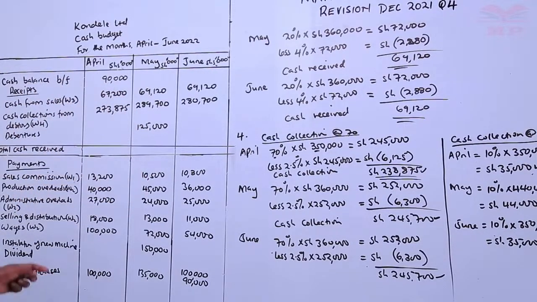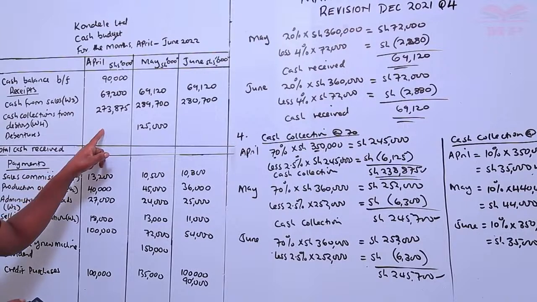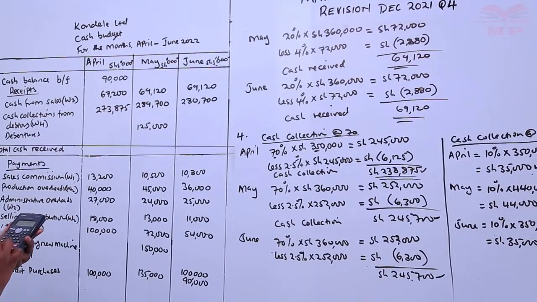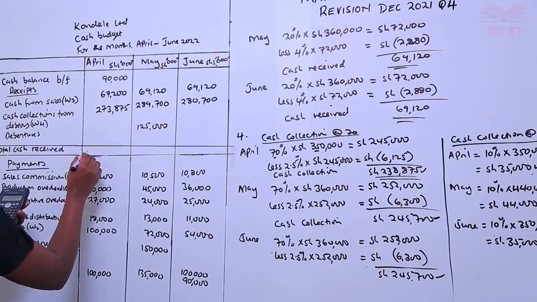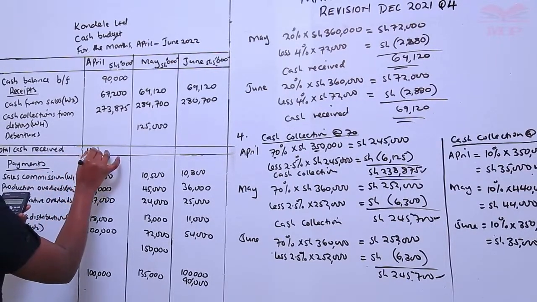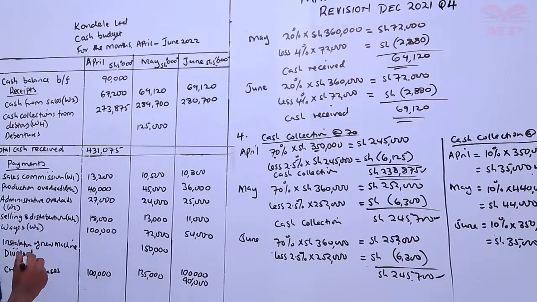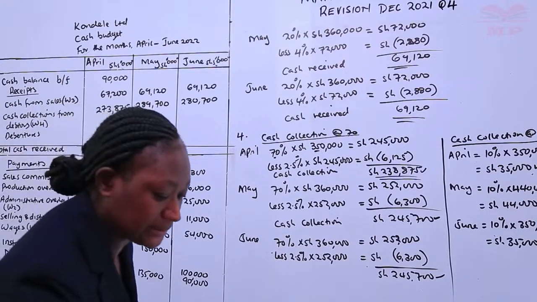And when we are calculating, we begin with the first period, which in this case is April. So we'll get the receipts. So the total receipt is 431,075.